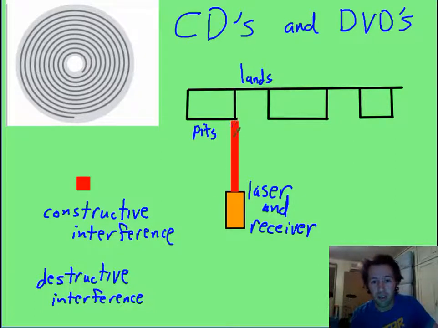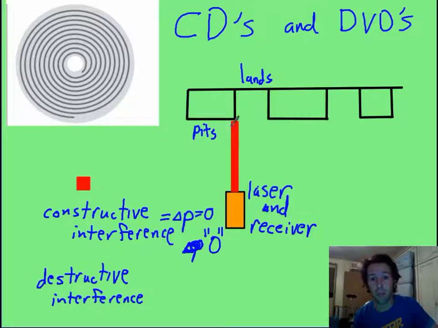And if it comes back and it receives no craziness, it's going to have constructive interference. When you have a difference in path length between, let's say, the left part of the laser and the right part of the laser of 0, that's going to be no interference, and it's going to register that as a 0.